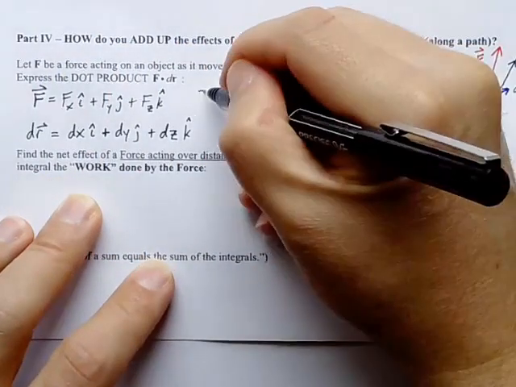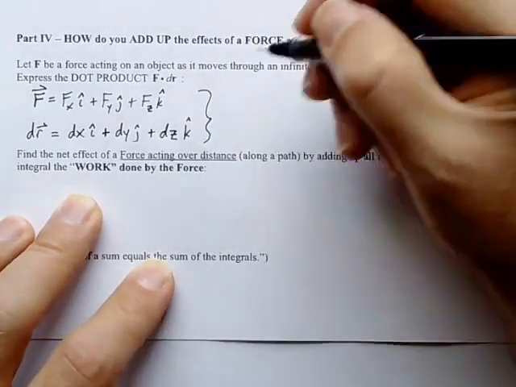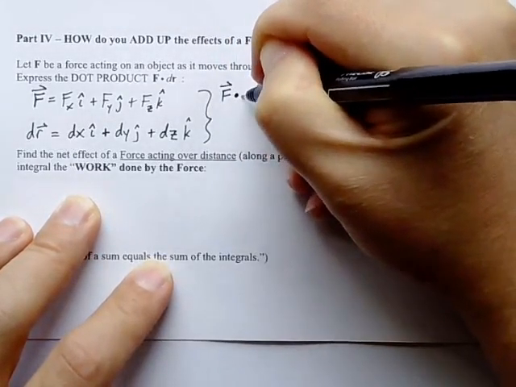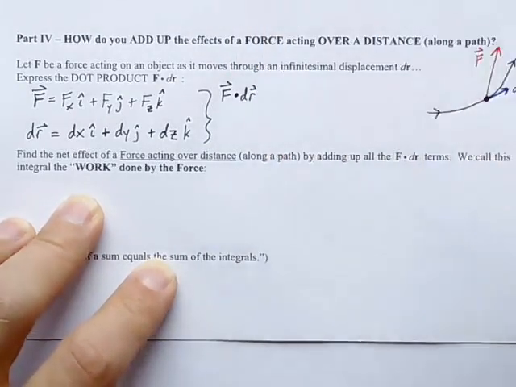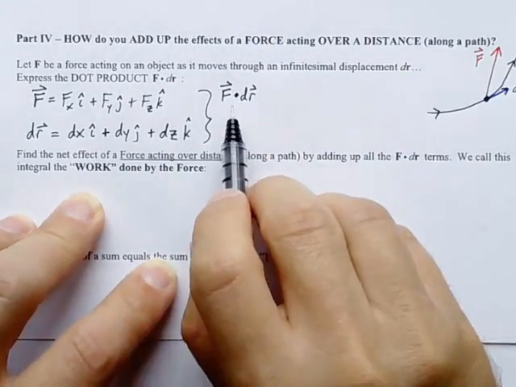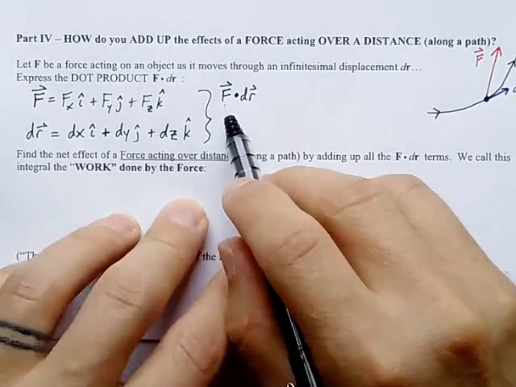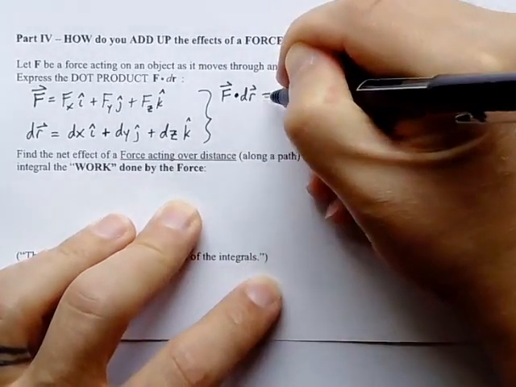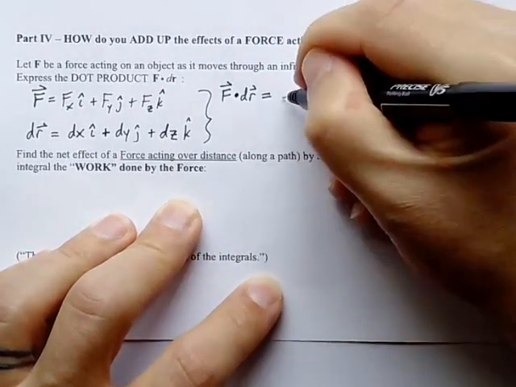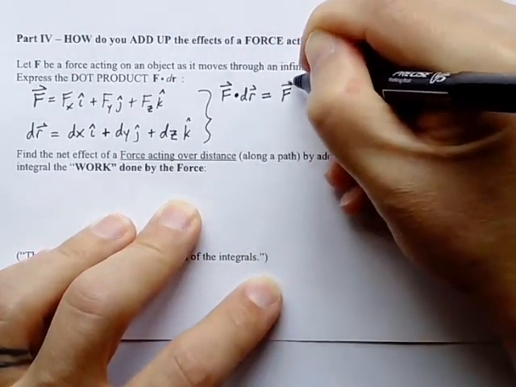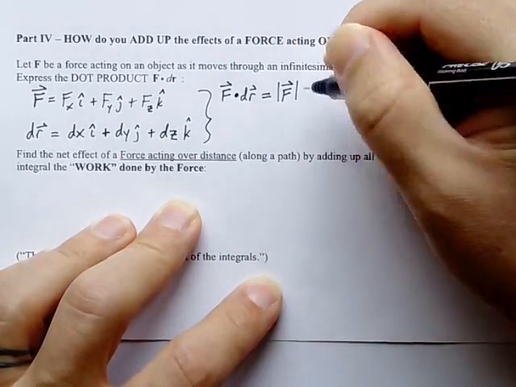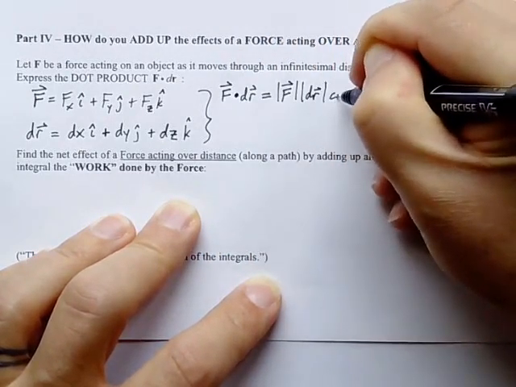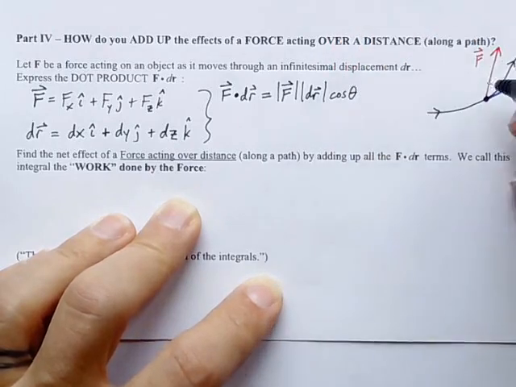And having done so, we can write our dot product. F dot dr, remember that dot is like a fat dot for a multiplication, specifically for this method of combining two vectors to make a scalar. And we have two definitions for it. The original definition for a dot product of two vectors would be the product of the magnitudes of the two vectors times the cosine of the angle between them.